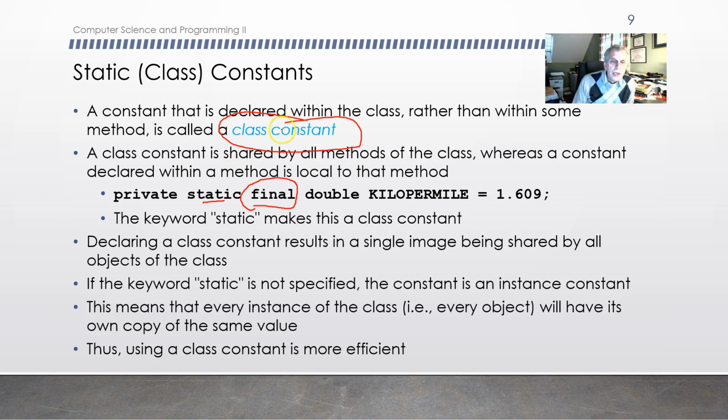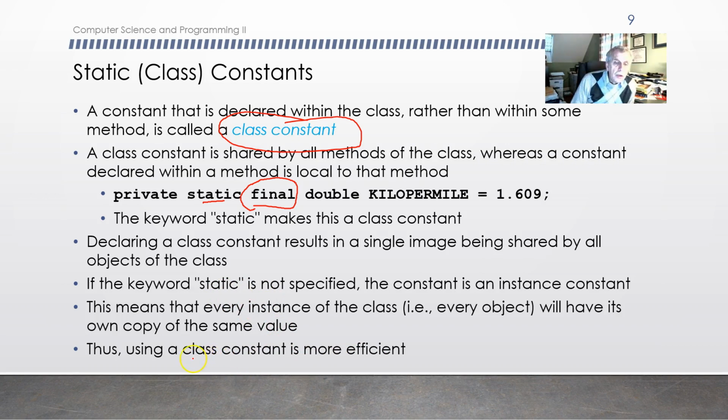So what we're doing is adding that static keyword. So we declare a class constant. It gives a single image of this thing, whatever it is. And that single image is available to all methods, all code within the class. And again, the emphasis here is we must use static.